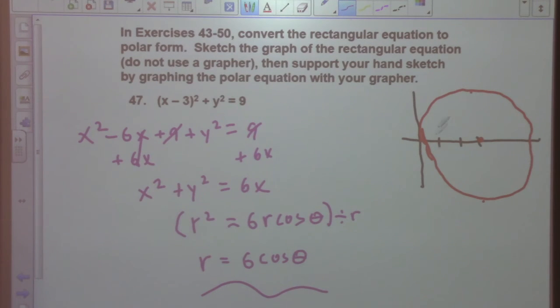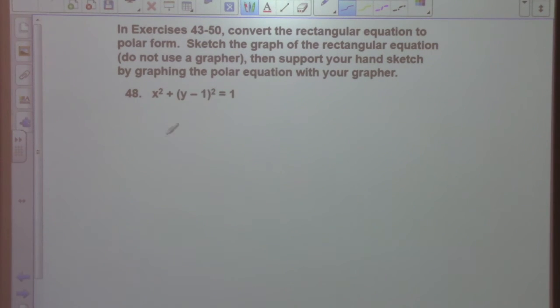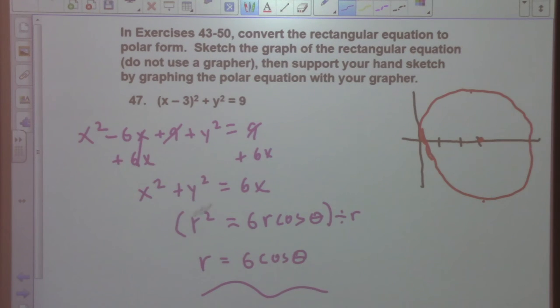Okay, so anyway, that one worked out, our polar equation. And I want you to go ahead and work out 48. Oh, and I want to ask that question I asked the last time. Does this final equation here look much like the original? No, really, not at all. I mean, not at all, just totally different.